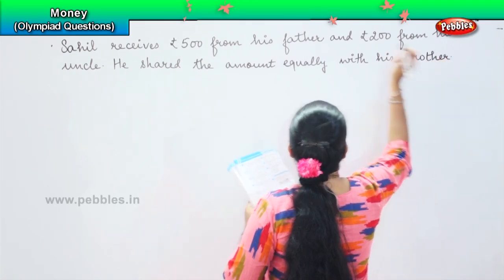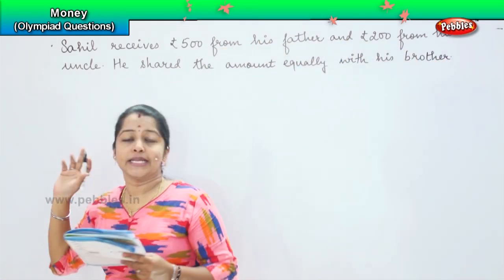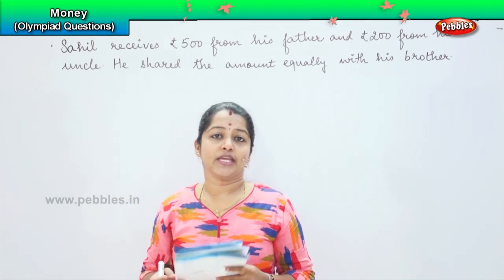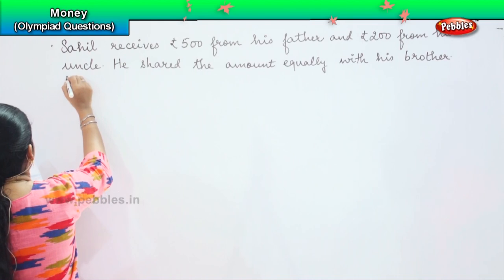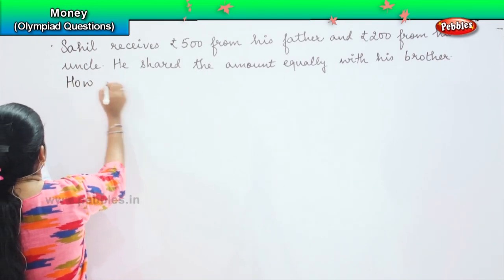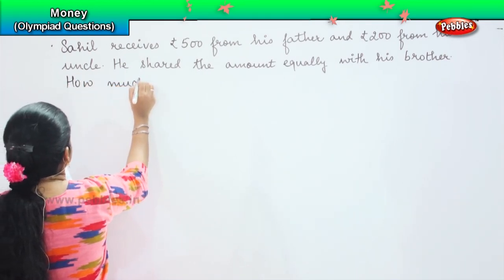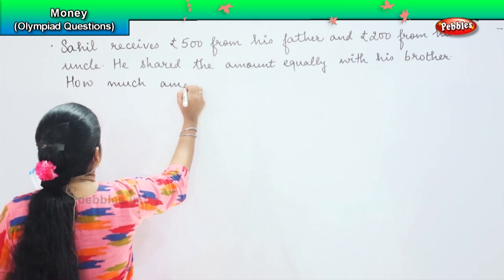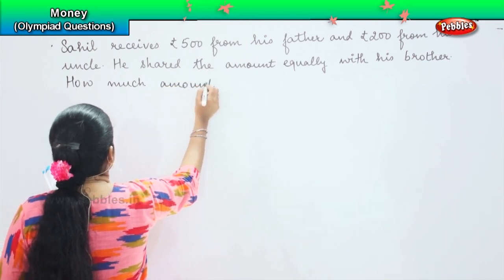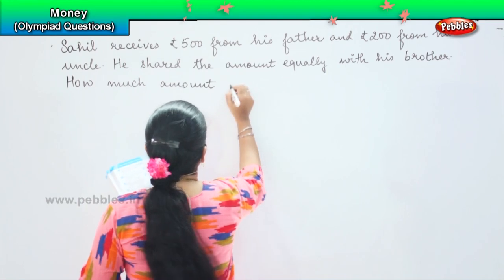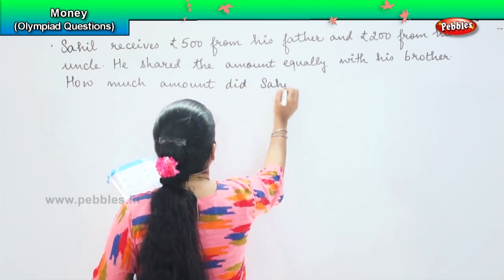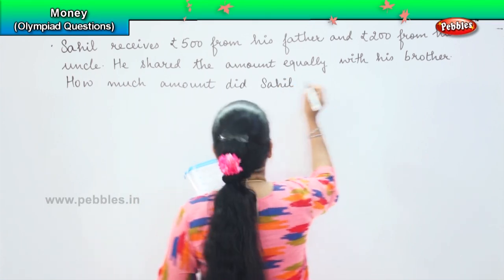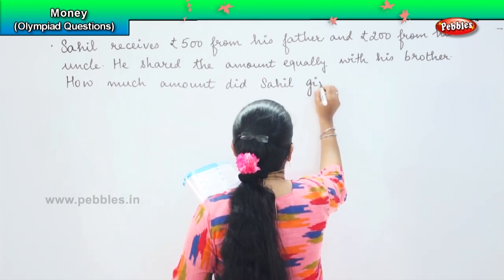Okay, so which means whatever is the total amount which Sahil is receiving, he is sharing it equally with his brother. Fine. Now, how much amount did Sahil give his brother?